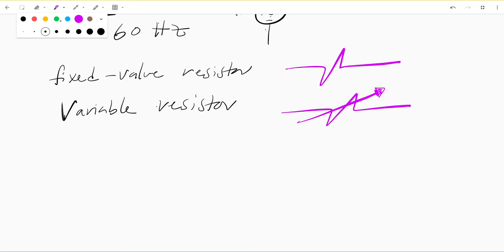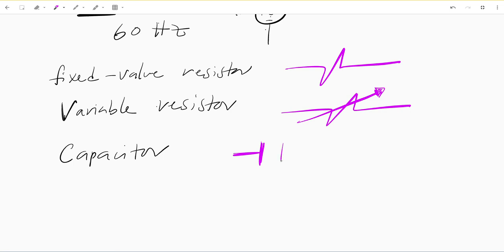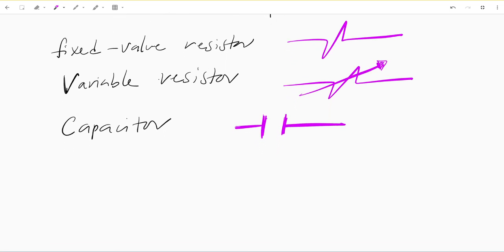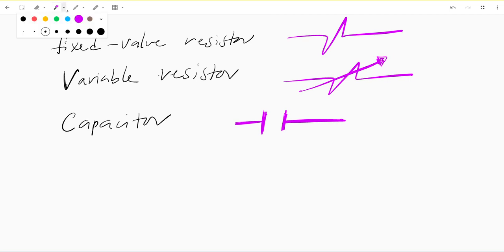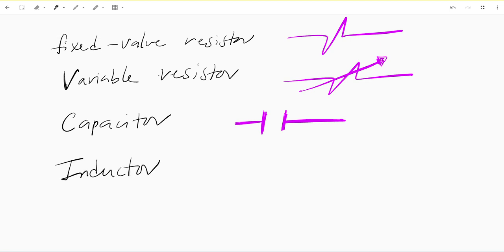The symbol for a capacitor is depicted by a line with kind of like a T that's facing to the left and a T that's facing to the right. For an inductor, we have a line that looks like that.